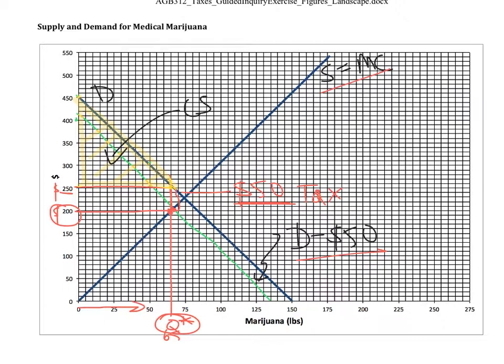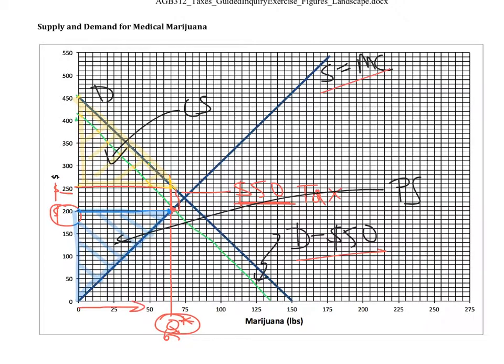Next item is the producer surplus, and again, graphically, we identify the producer surplus as the area underneath the price received, but above the marginal cost curve. So this area, this blue area, represents the producer surplus.